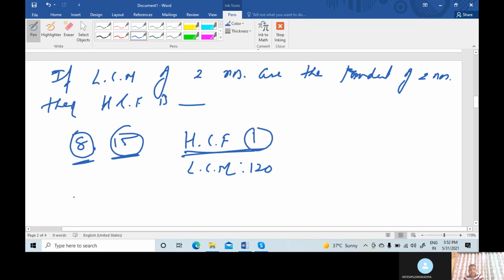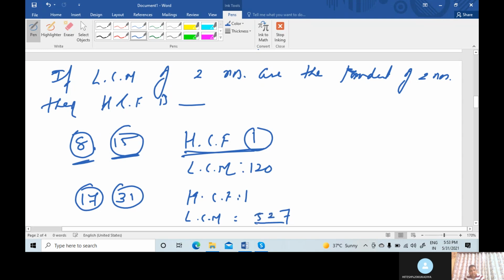Another example, we give two prime numbers. Suppose 17 and 31. Here 17 and 31 are both prime numbers. We discuss the most important two MCQs here. A common factor is not possible, so HCF is 1 and LCM is the product of these two numbers. 17 ones are 17, 17 threes are 51.